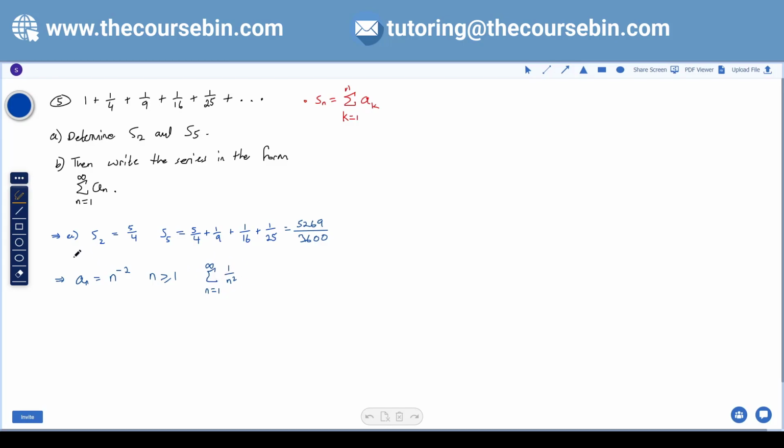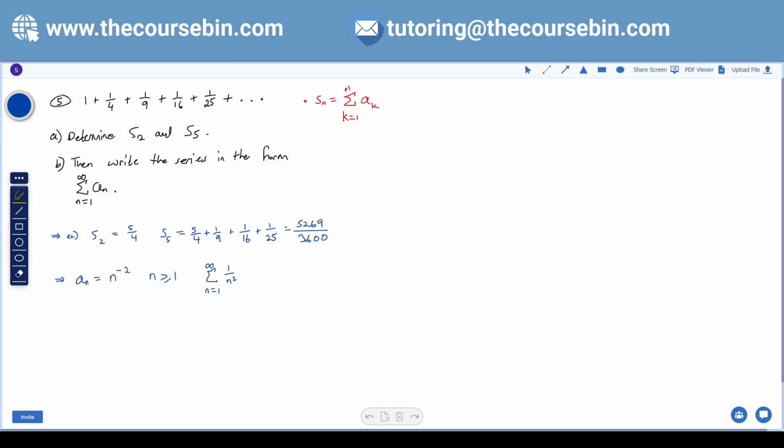Yeah. Now, let's work on these next problems. It's going to be up to you to determine whether the series converge or diverge, right? So that means you need to use what we know about series.